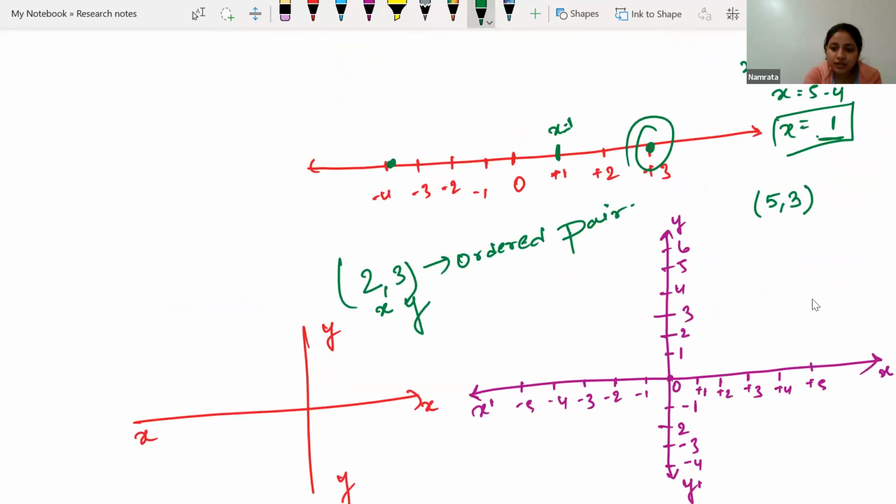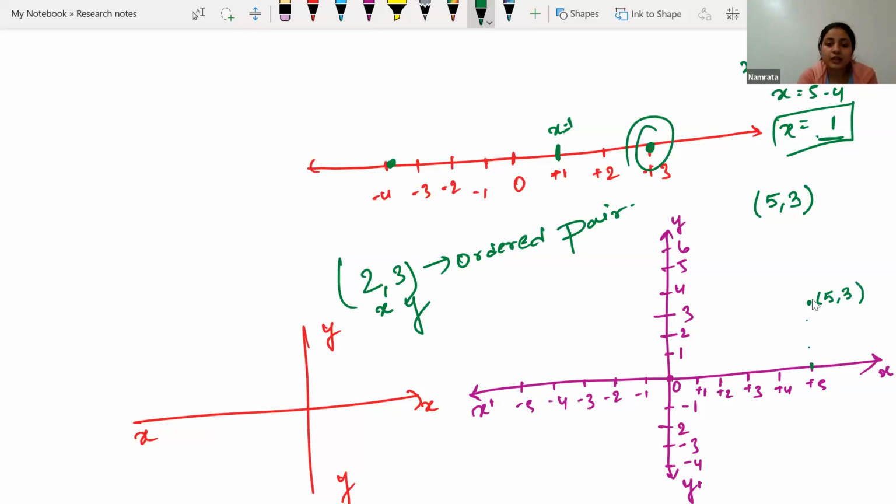So if x is 5, y is 3, here x is 5 as you can see, and from here we will go upside since the y value is positive 3. So here plus 1, here plus 2, here plus 3. Y is plus 3. So this is the point which is 5 comma 3.